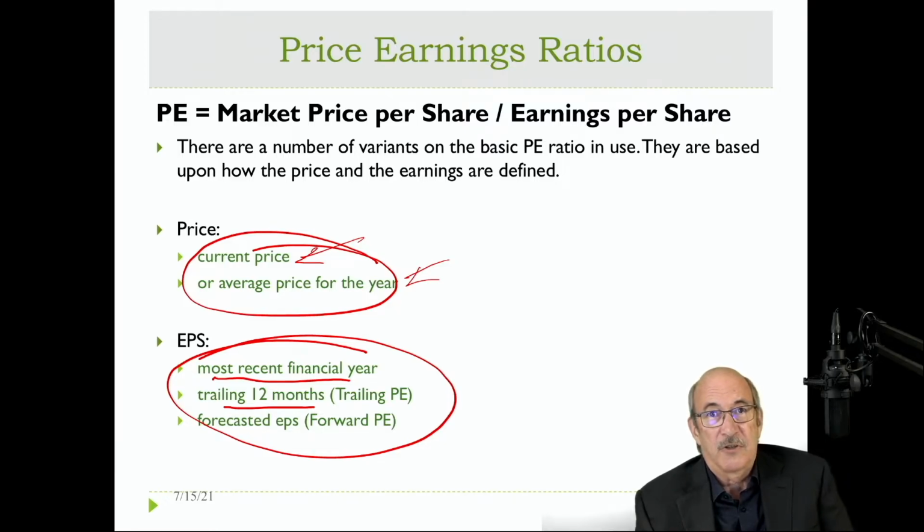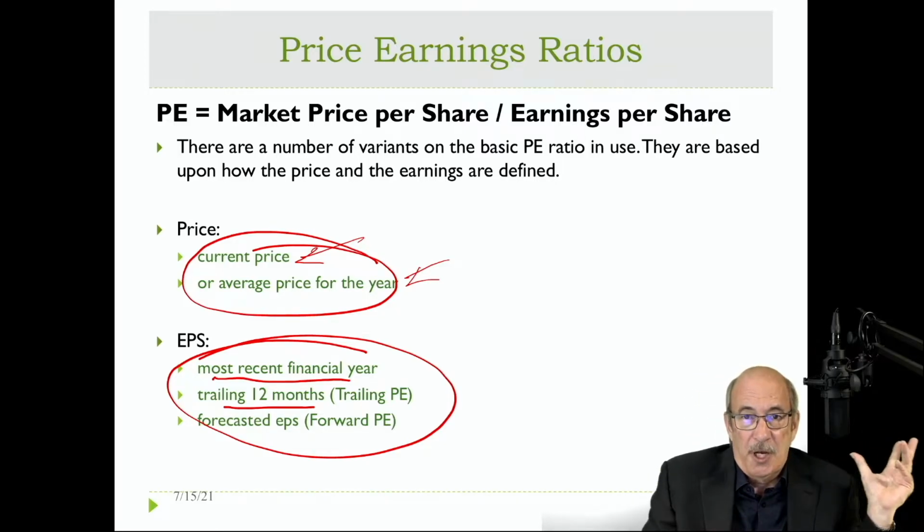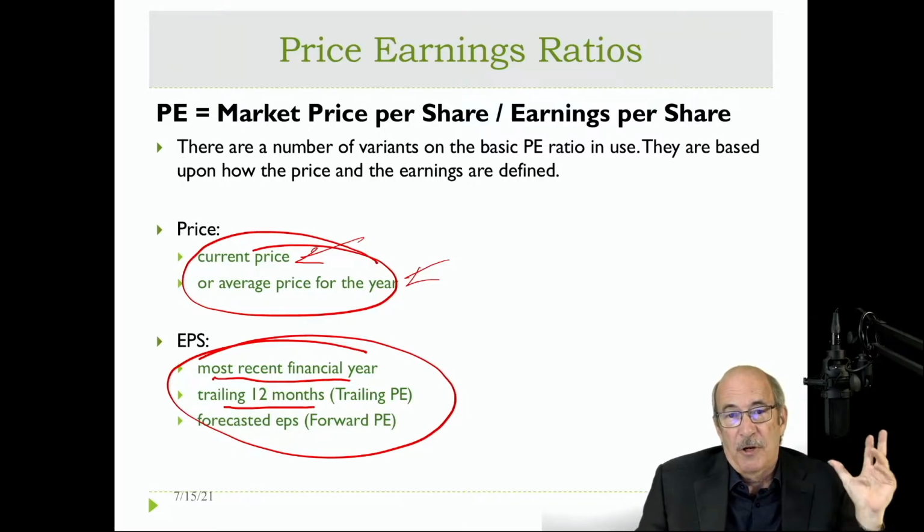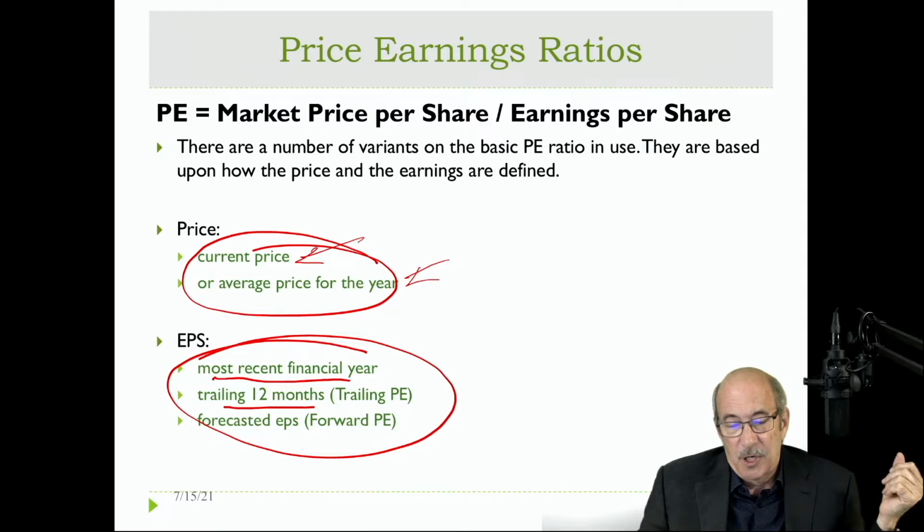The most recent fiscal year will be 2020, from January 1 to December 31. The trailing 12 months will be June all the way back to the beginning of July of 2020. So there I'm going to have different measures, even in historical data.